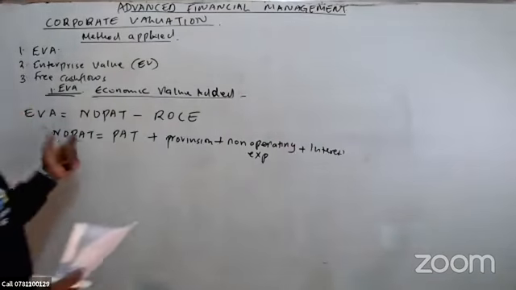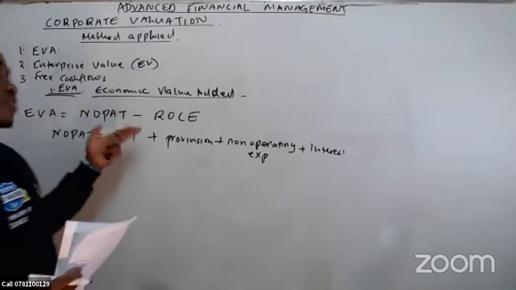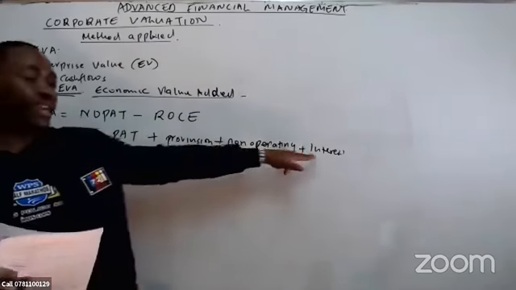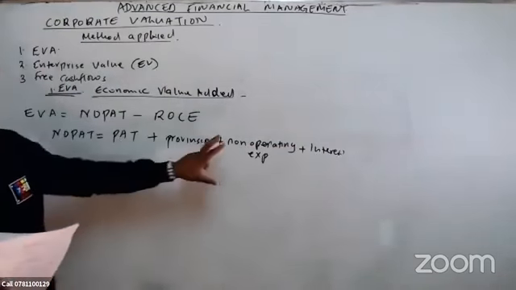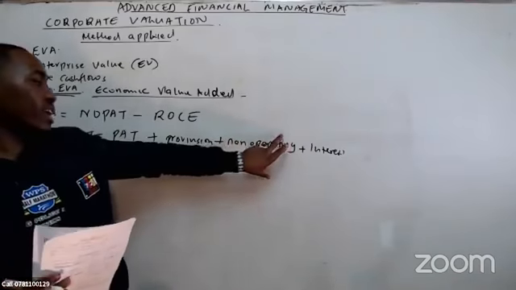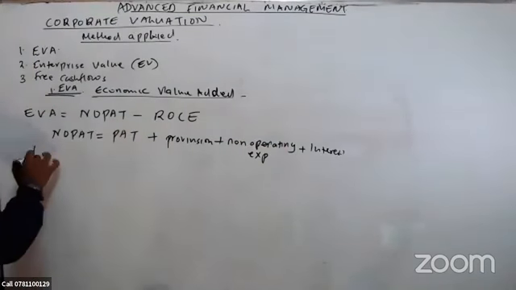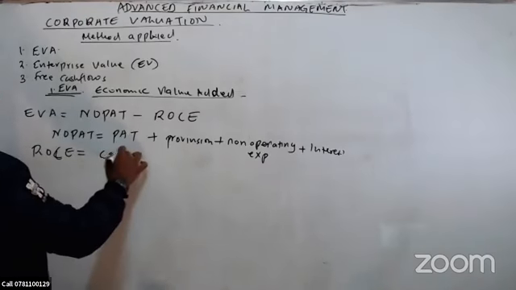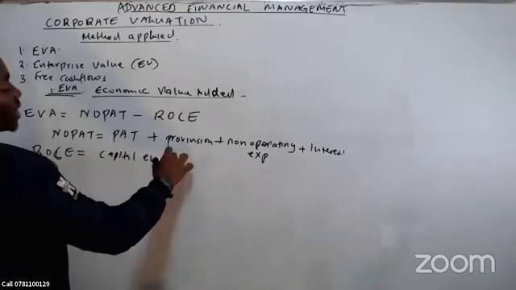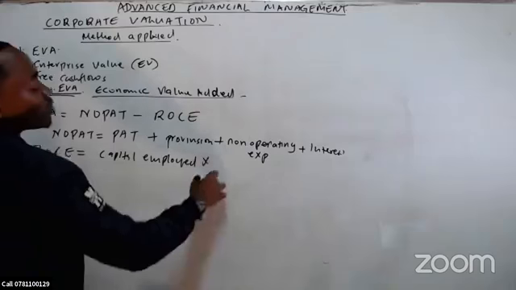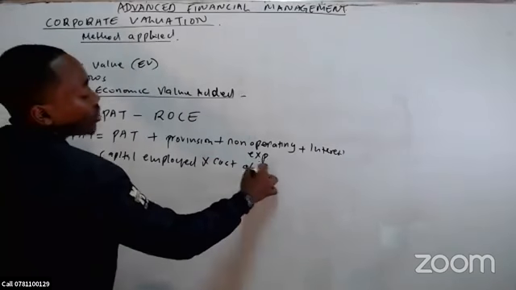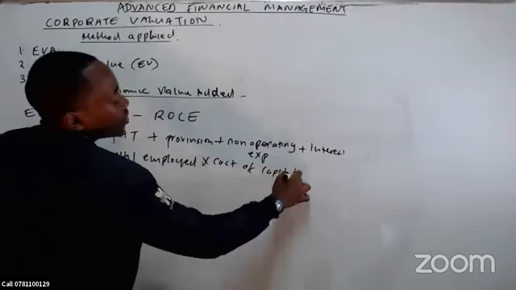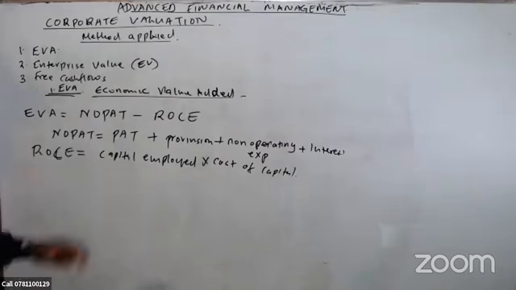I repeat, to get the net operating profit after tax, you take the profit after tax, add back the interest, and add back all non-operating or non-cash expenses. Also, to get the return on capital employed, you take the capital employed and multiply by the cost of capital. That's all about EVA.